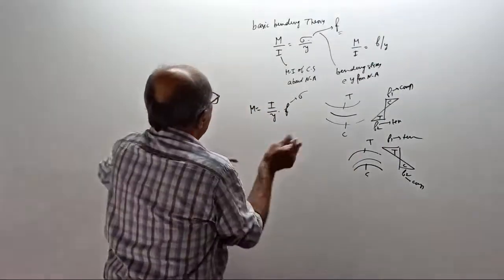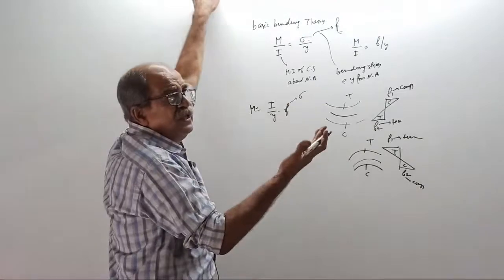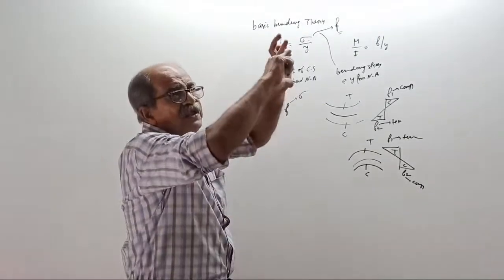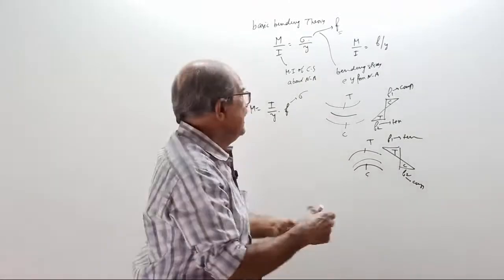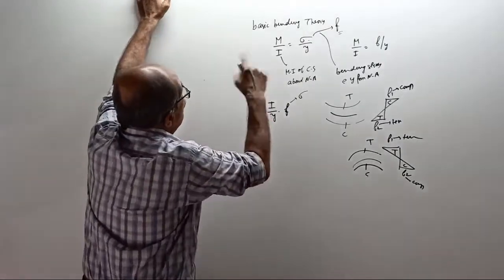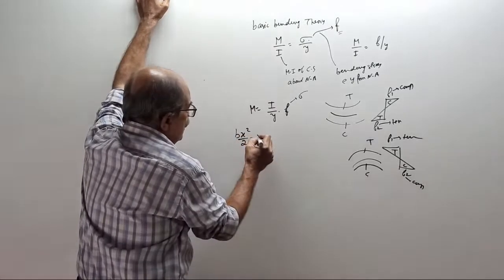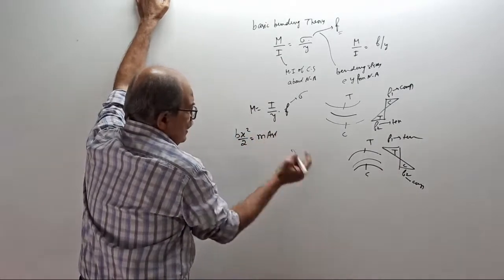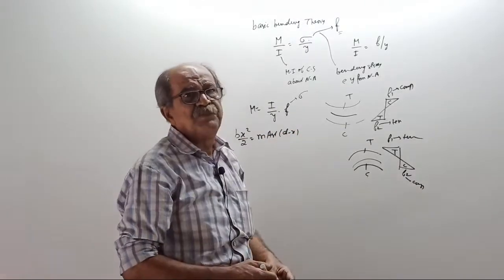Okay, now see. The RCC equation is, I will write here now, because I don't have to memorize it. I will equate the moment of the compression area to the tension area. My equation will come: Bx into x by 2, Bx square by 2 equal to m times AST into (d minus x). This will give the equation for the neutral axis.